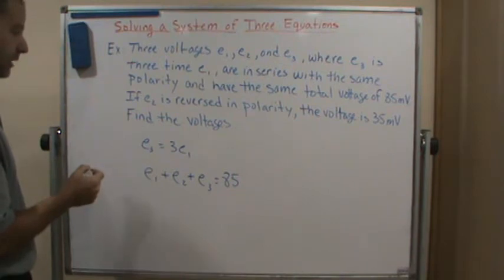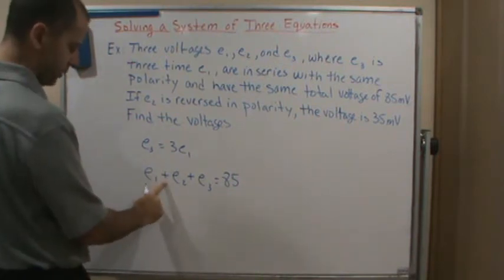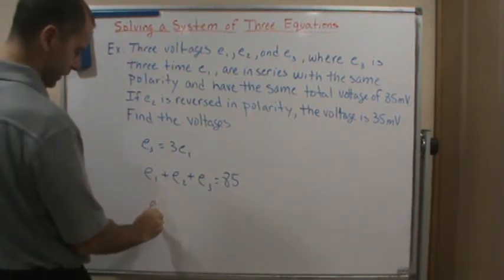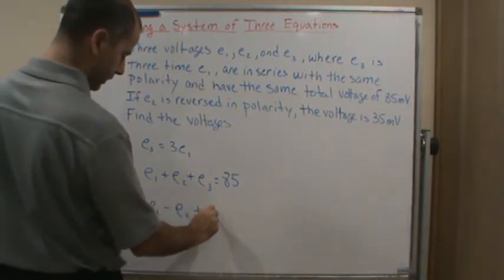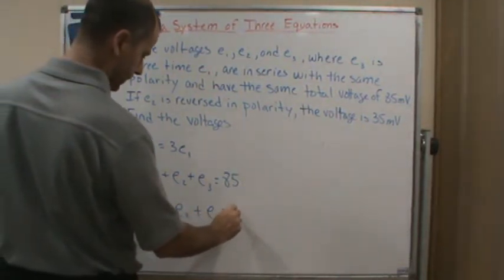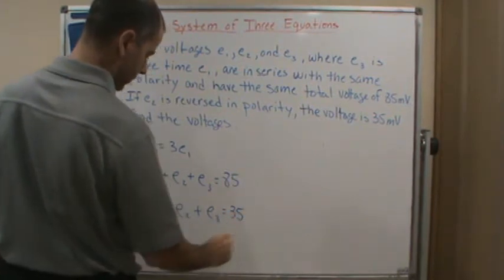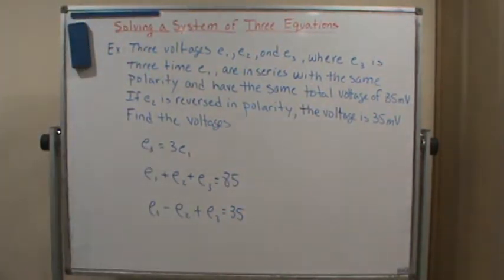That means if E2 is reversed, we're going to change this plus to negative. So E1 minus E2 plus E3 is equal to 35 millivolts. And so now we're going to use these equations to find the three voltages.